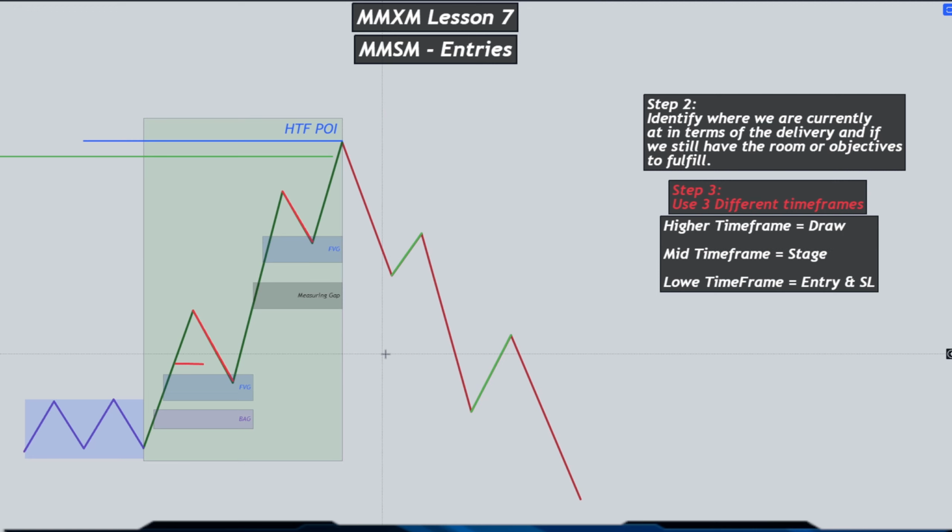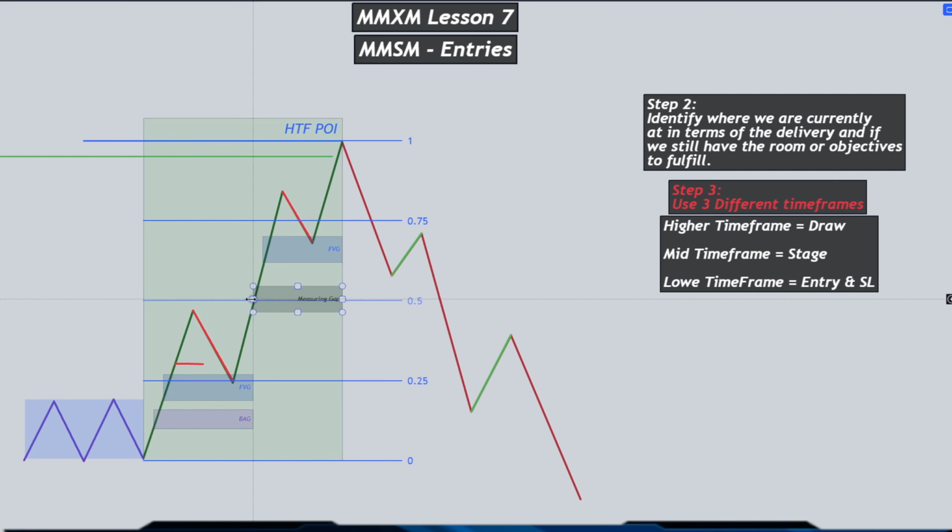And as you already know how to grid to your projected terminus or the drawn liquidity from the low to that area, if the fair value gap aligns with that grid level or comes close to the grid level, at the 50% level, if there is a fair value, you know what to expect from that fair value and what usually that fair value stands for, which is the measuring gap. And you can measure if your high time frame point of interest or the drawn liquidity is in alignment with that measuring gap or not.